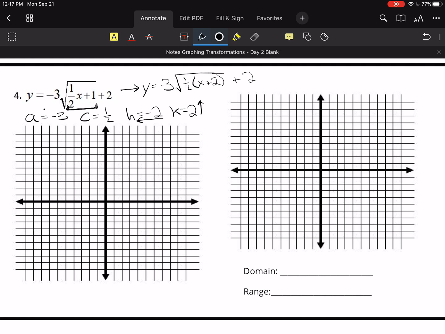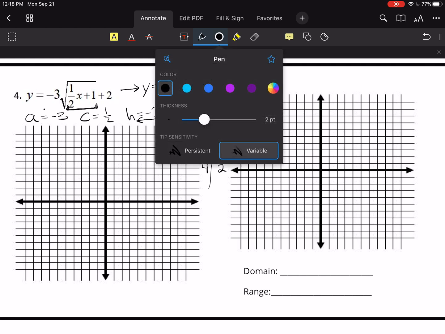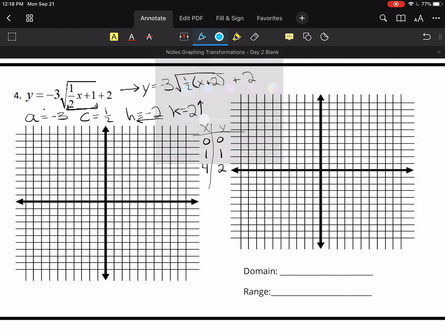Now, my table of values. Don't have a ton of room here, but remember for square root we had 0, 0, 1, 1, 4, 2. So I'm going to multiply my x values by 2, right?